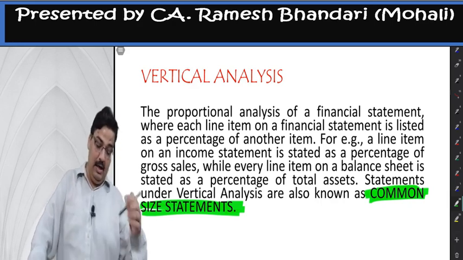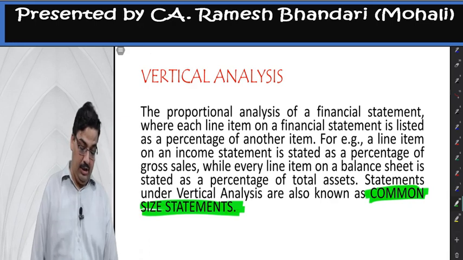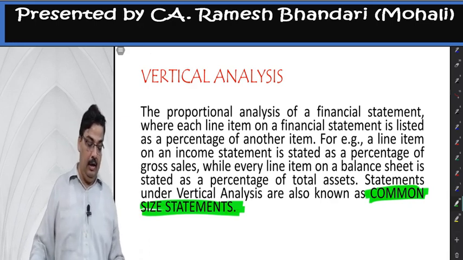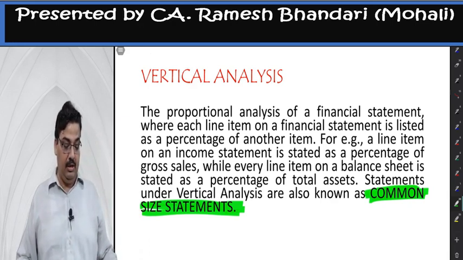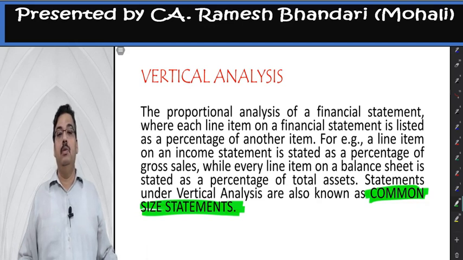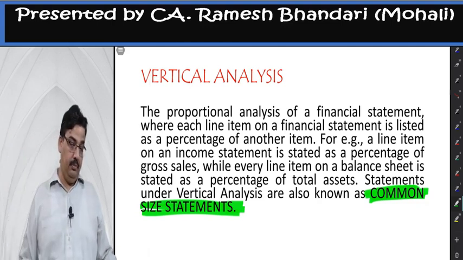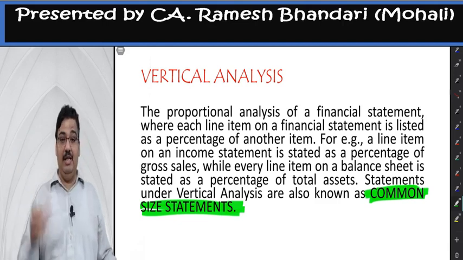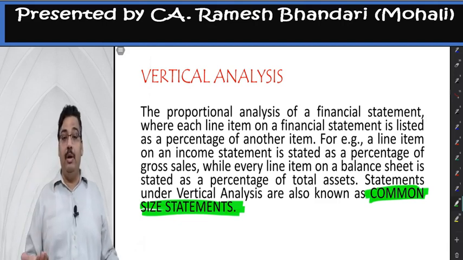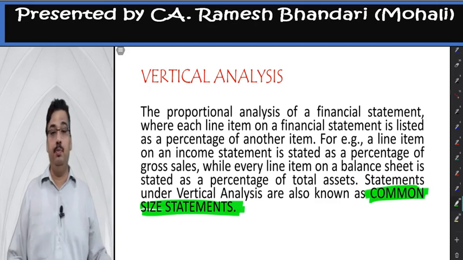What it exactly is, let's read. The proportional analysis of a financial statement where each line item of financial statement is listed as a percentage of another item. In case of income statement, sale revenue is taken as a base and every expenditure and every item is computed as a percentage of that sales revenue.